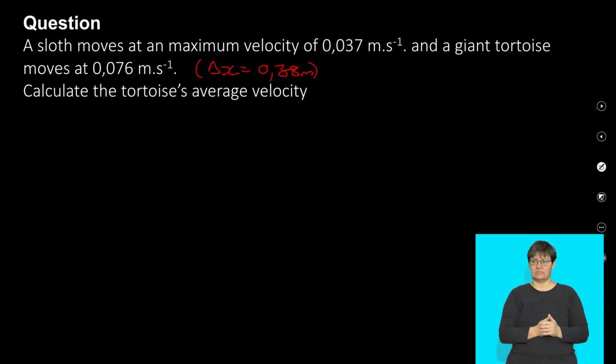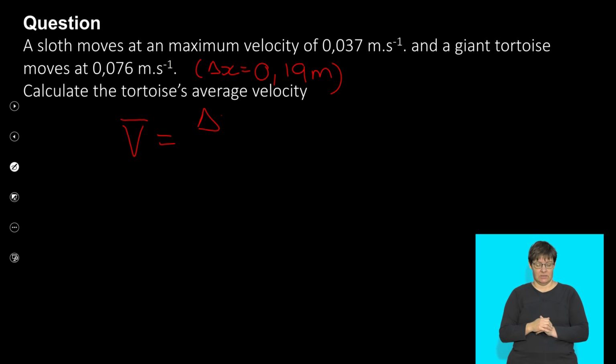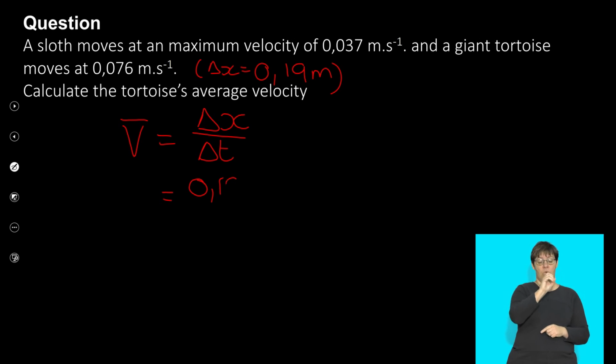Now we want average, and actually that distance should be 0,76 meters, okay? So now let's look. The next one says, calculate the tortoise's average velocity. And we know, okay, that the tortoise moves 0.19 meters. So average velocity is change in displacement over change in time. He went 0.19 meters.